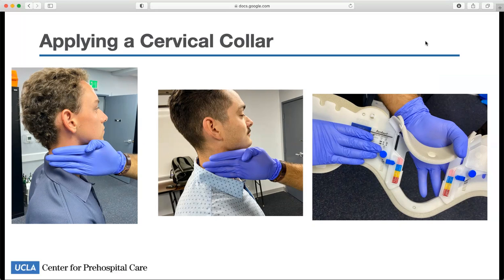Those 4 finger lengths can be used when applying the cervical collar as seen in the other picture, which is the EMS provider using their 4 fingers to measure from the sizing line on the cervical collar to the bottom of the C collar. The C collar or cervical collar can be extended if it requires more or less distance. It is important to properly size the C collar so the patient's head remains in an inline neutral position.